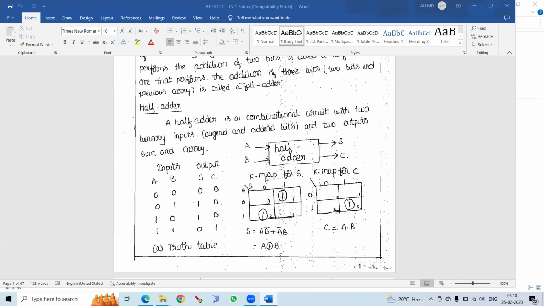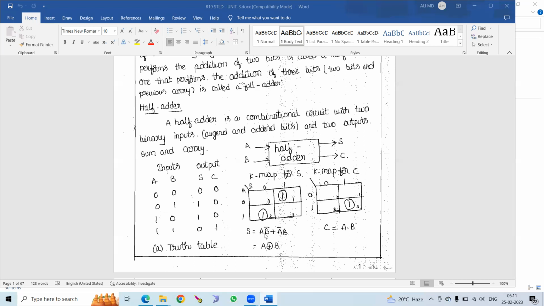By using this truth table, we are going to generate a Boolean expression by using the Karnaugh map, or K-map. The expression sum is equal to A XOR B for the values 0, 1, 1, 0. Here, applying the two-variable K-map, 0, 1, 2, 3 are the 4 bits for a two-variable K-map. Values 0, 1, 1, 0.